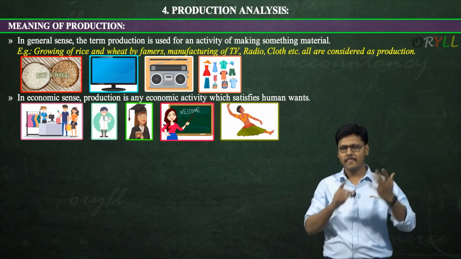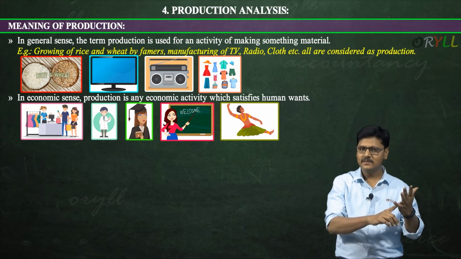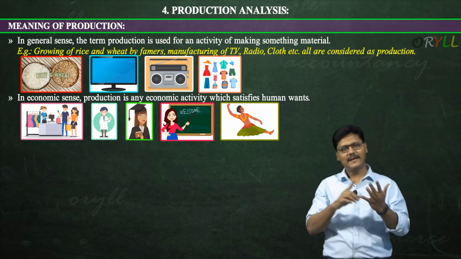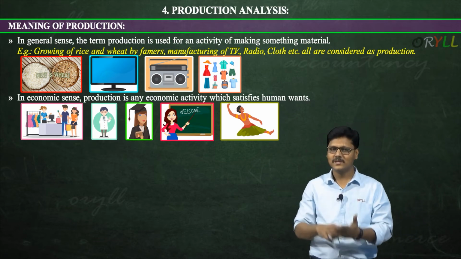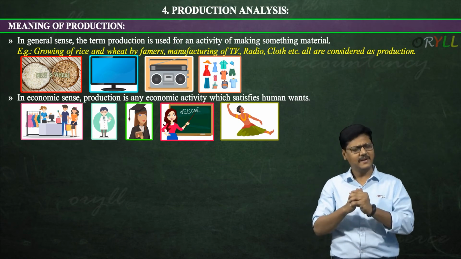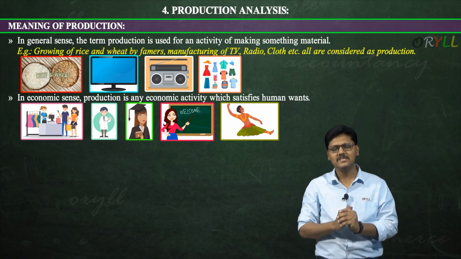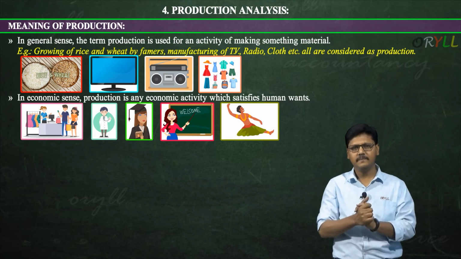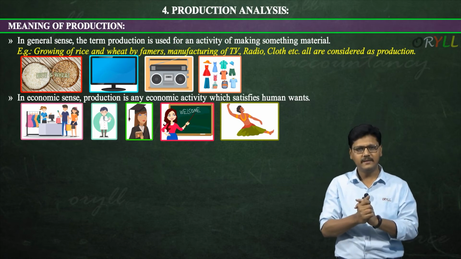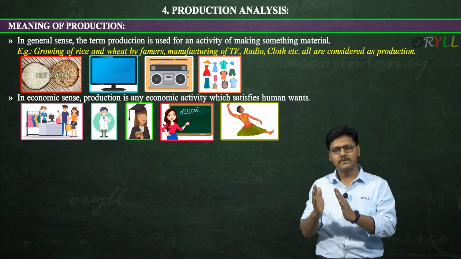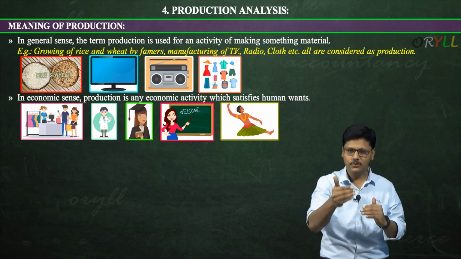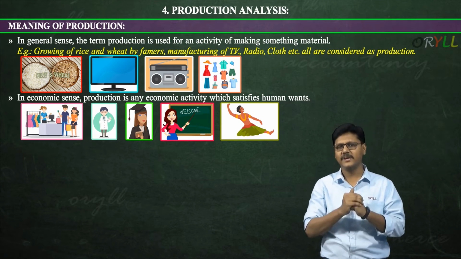So, industrial workers make production, and doctors, lawyers, and teachers also make production. This is the difference between services and goods. But whoever and whatever action satisfies human wants is production.